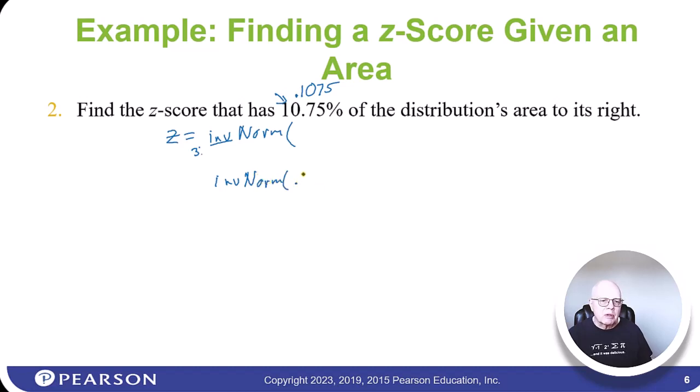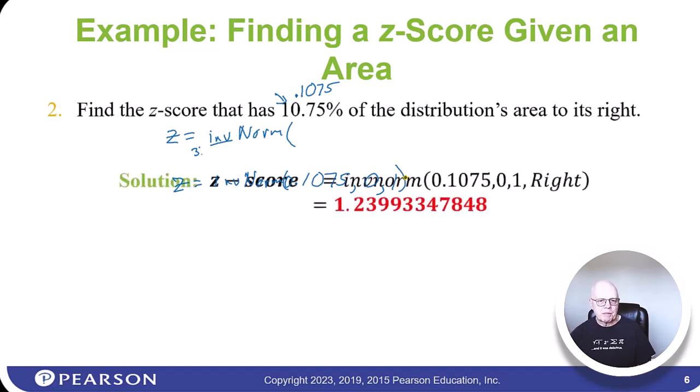For the area, we'll put let's put a 0 in there so you can see it for sure. 1075. We want the z-score. So its mean is 0, its standard deviation is 1, and that's going to give it to us. And that's what it should look like.